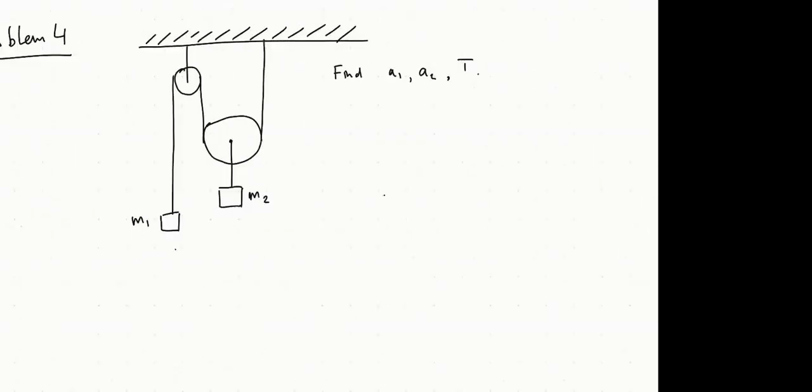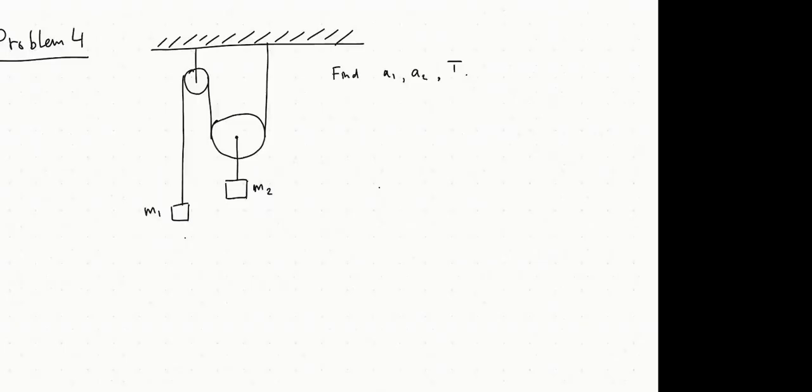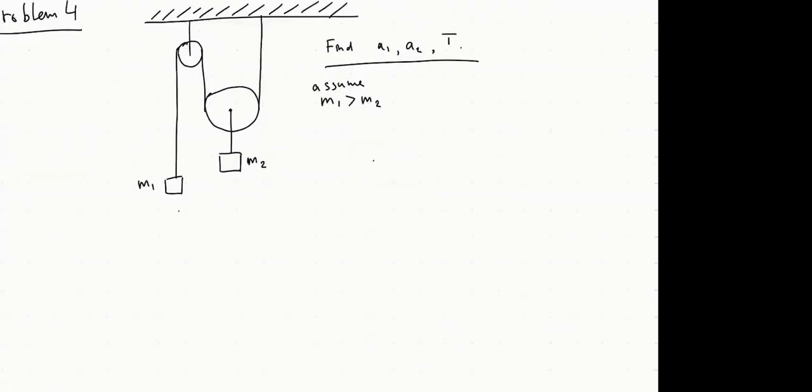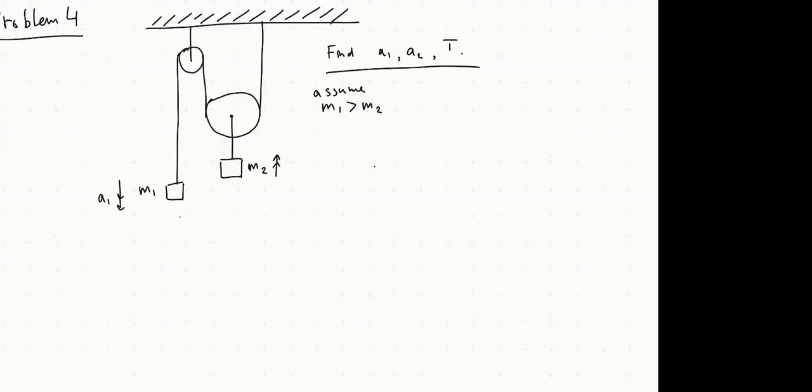Okay. So what can we do? Well, let's just assume that M1 is greater than M2. Without loss of generality, we just assume M1 is greater than M2. That means M1 is accelerating downwards, with acceleration A1, and M2 is accelerating upwards, with acceleration A2.